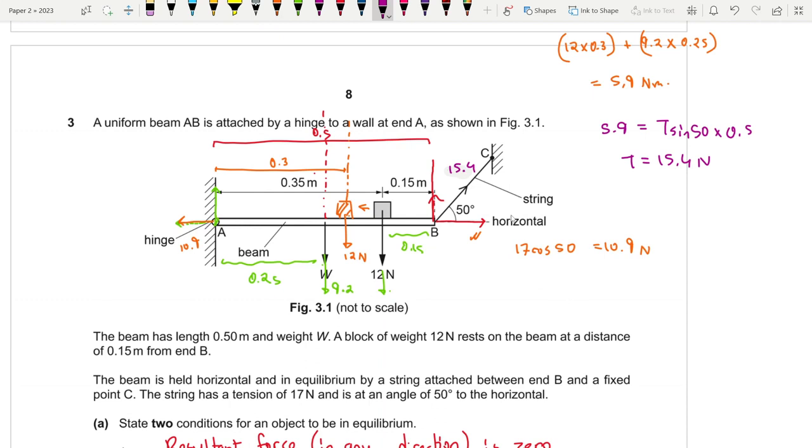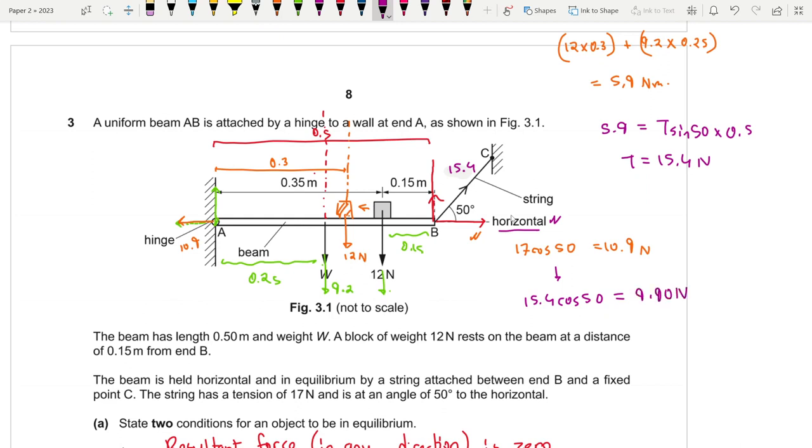Now think about it. What are the only two horizontal forces here? This horizontal component from the string and the horizontal force acting on the beam from the hinge. So to balance this force, it's not 17 cos 50 anymore. It turned into 15.4 cos 50. Let's try doing this. 15.4 cos 50 gives you an answer of 9.89 or 9.90 Newton.